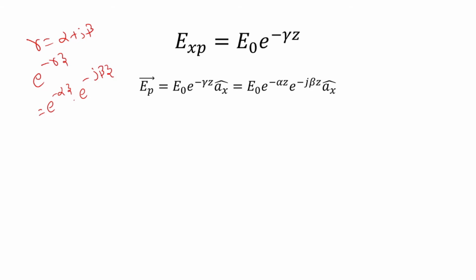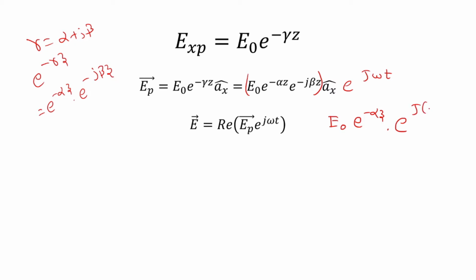Now that I have obtained the expression for the phasor, the time domain expression of electric field intensity can be obtained as the real part of the phasor multiplied by exponential of j omega t. So if I multiply this by exponential of j omega t, I would get E naught exponential of minus alpha z times exponential of j omega t minus beta z along the direction of ax cap.